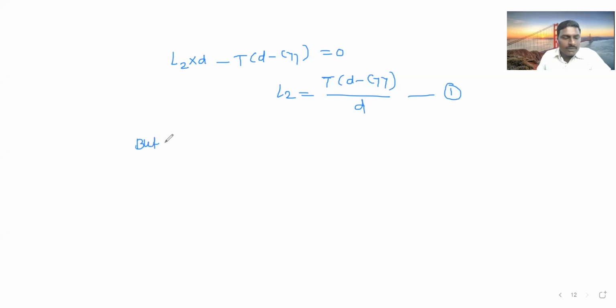But LW is equal to what? L1 plus L2. L1 plus L2 is there, but in the problem statement they have told us, if they have told us in the problem statement on how many sides welding has to be done, then we will have to take all three sides, right? So you have to read the problem statement carefully.